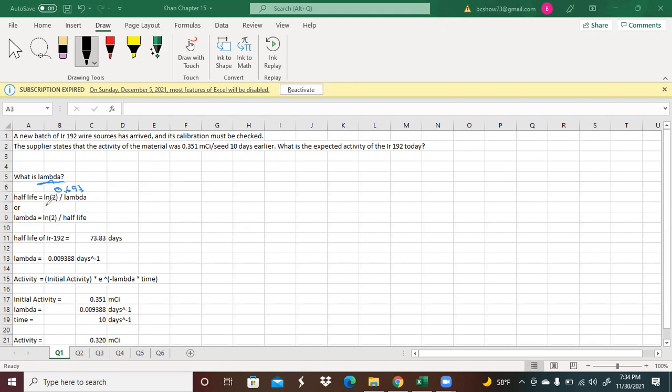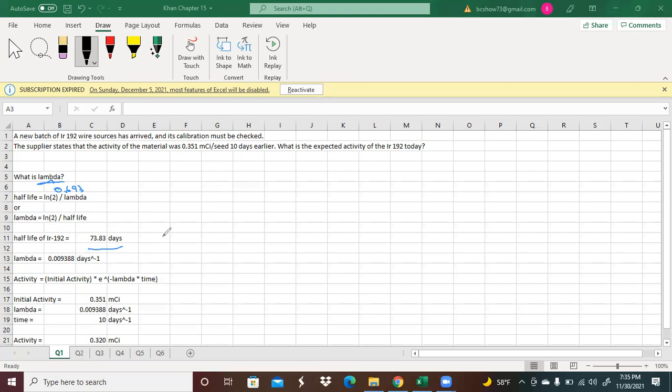I just refer to it as the natural log of 2 divided by lambda. If you rearrange this, you find out that lambda is going to be equal to the natural log of 2 divided by the half-life. Now, also in that same lecture, I have several half-lives listed for several different isotopes, this being one of them. So the half-life here is 73.83 days.